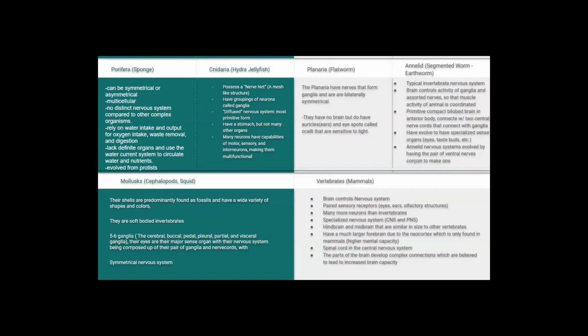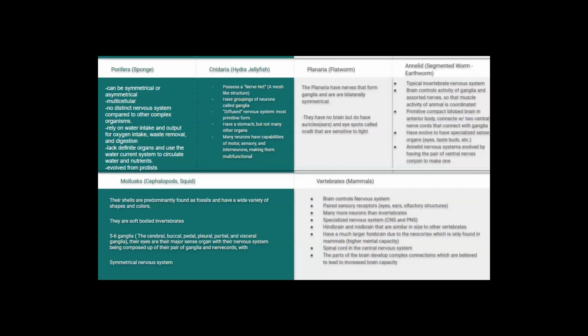So then we go into our worms. So we have flatworms, roundworms, and segmented worms. The flatworm is the least complex, and I have an example of a liver fluke. You guys know Planaria, maybe. If you were in Miss Cox's room, you probably worked with Planaria. Okay, so now on to the Planaria, the flatworms. Planaria have nerves that form ganglia, and they run the length of the body.